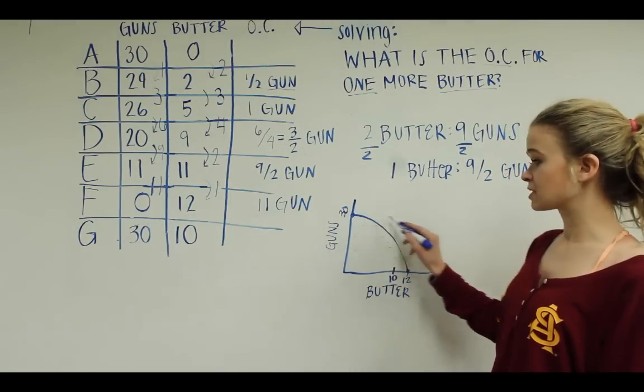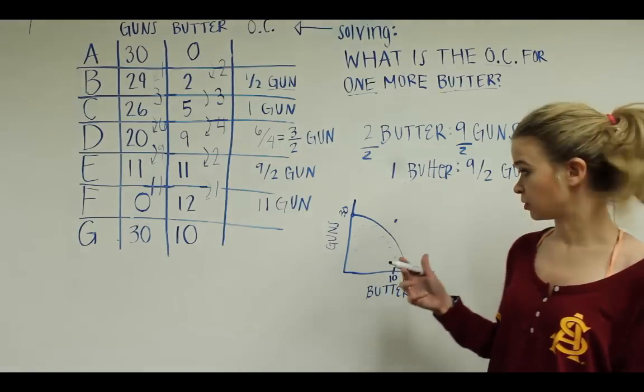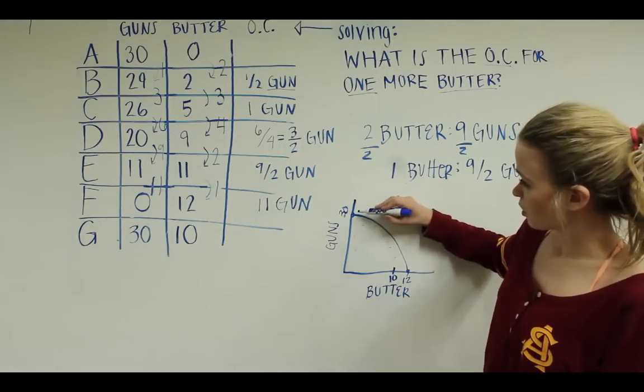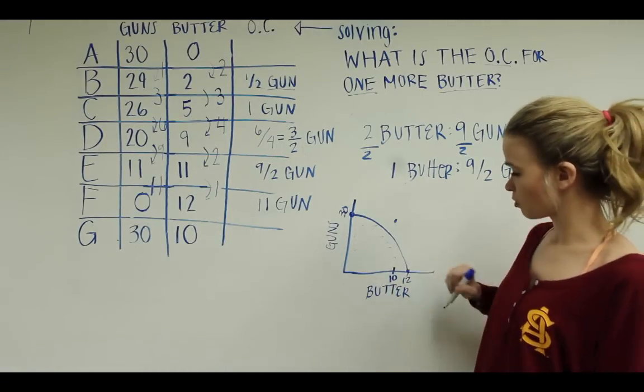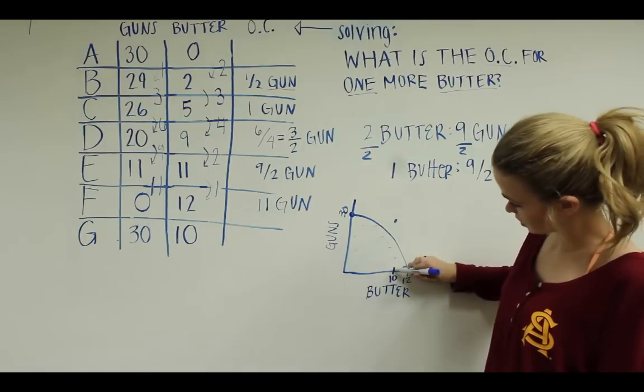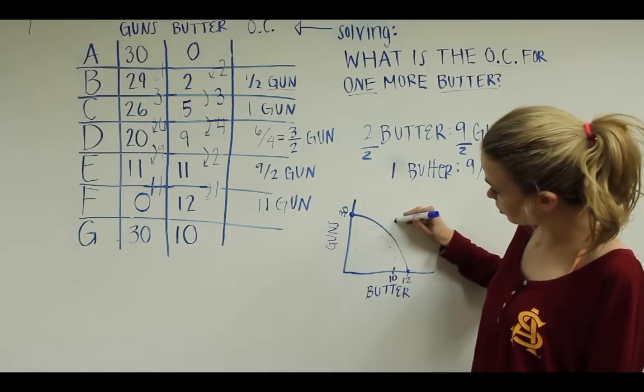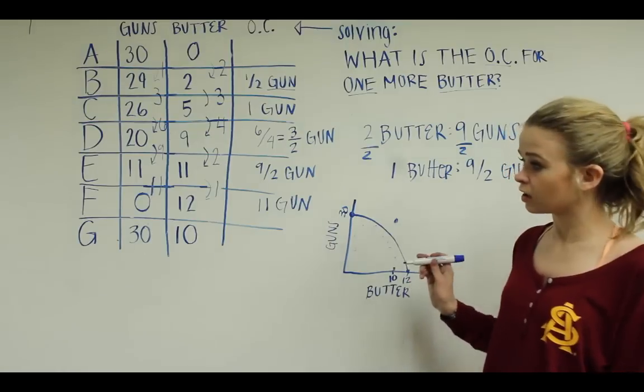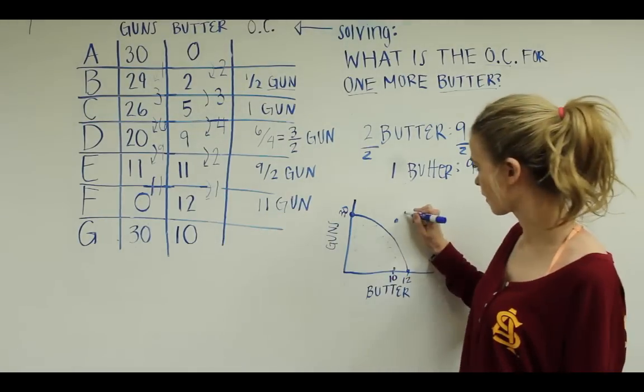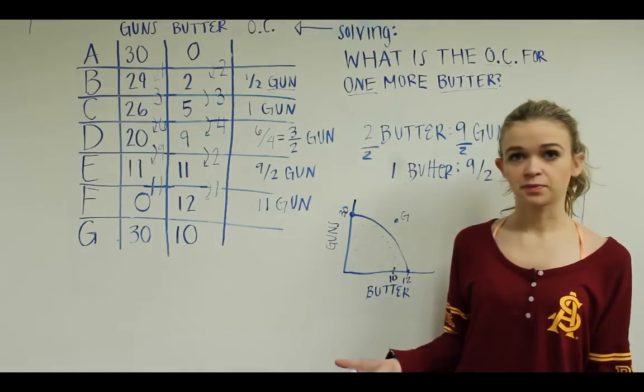Now, anything outside of this line is impossible. So because we know that this was one of our points, and all of a sudden we're saying 10 and 30, and that's outside of the curve, this point, G, is impossible.